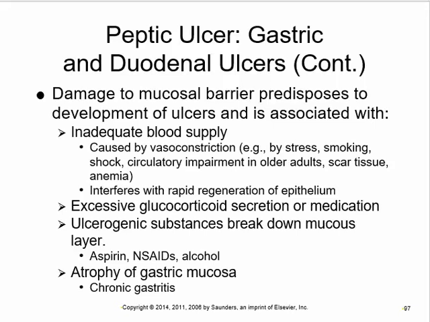Excessive glucocorticoid secretion, so that's the stress hormone, so we're talking cortisol, or prednisone can do it, right? Aspirin, alcohol, and other non-steroidal anti-inflammatory drugs break down the mucus layer because that's how they get absorbed. Chronic gastritis, all can lead to it, right?